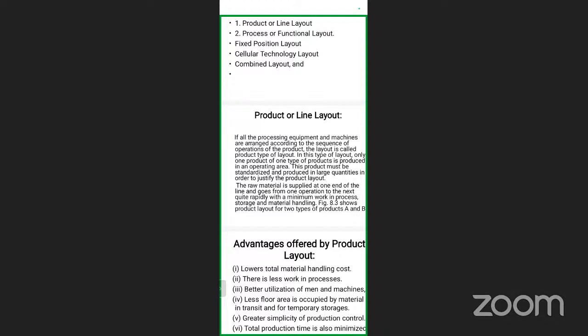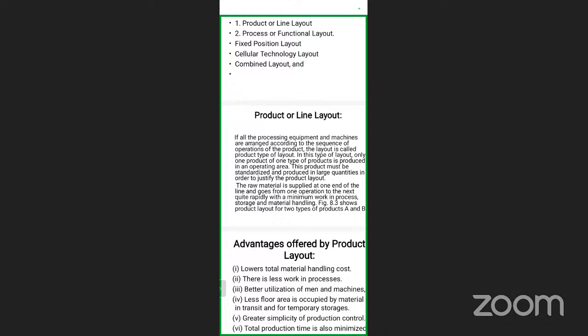Suppose you see the example: the product must be standardized in case of product layout. When we are arranging all equipment and machines in a sequence for the operations of different kinds of product, that is called product layout.